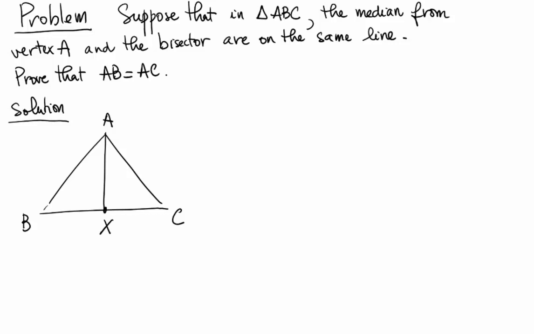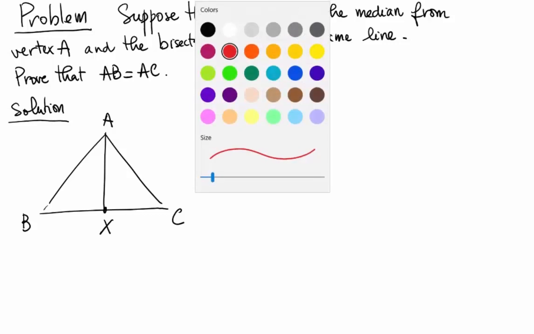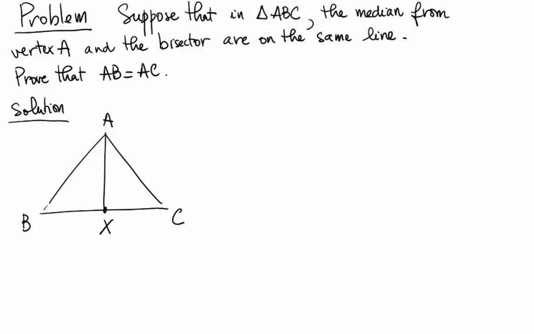In this problem, suppose that in triangle ABC, the median from vertex A and the bisector are on the same line. Then we would like to show that AB, the measurement of the segment line AB, must coincide with the measurement of the segment line AC. So let's label things here.